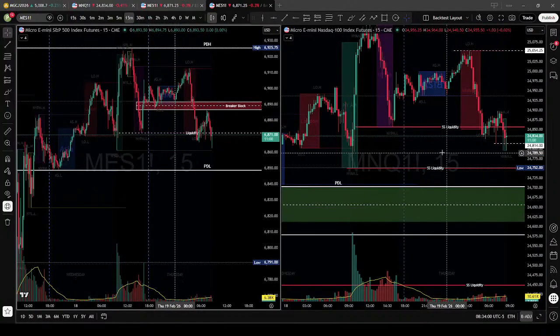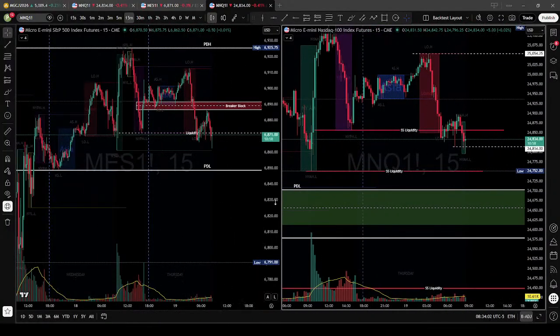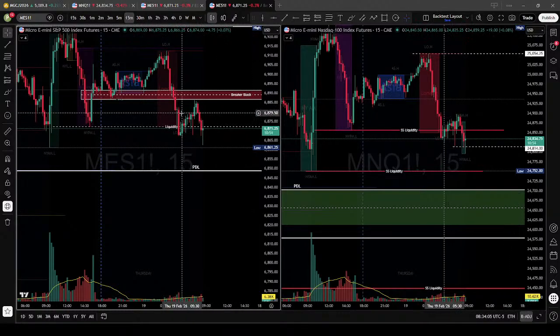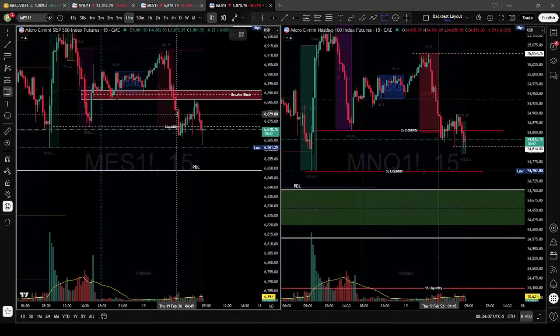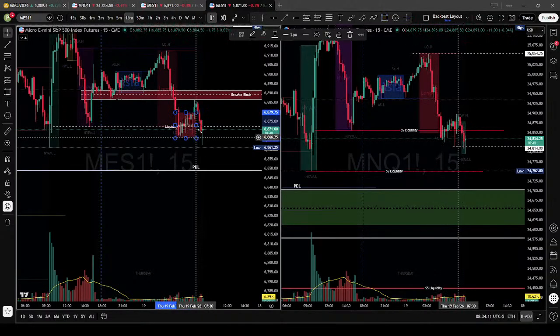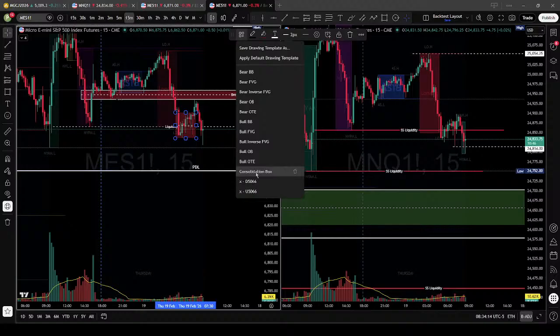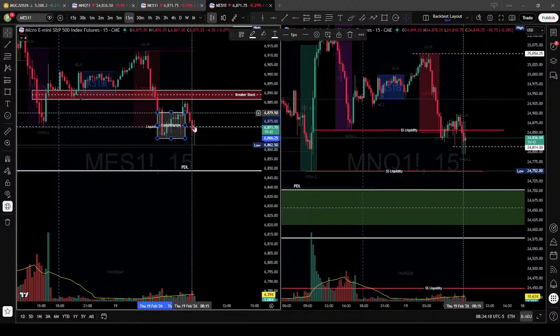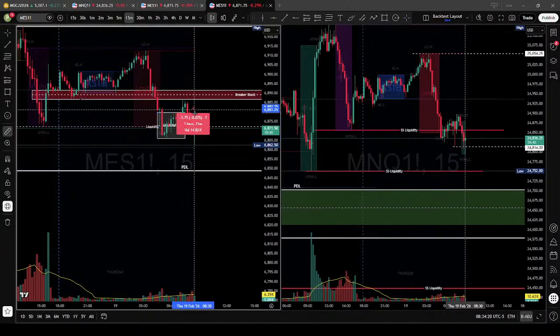So see, this is what I was saying. There was this accumulation. Why was I shorting NQ? There was this consolidation on a 15-minute time frame on ES, where it manipulated higher first and then it was ready to go down.